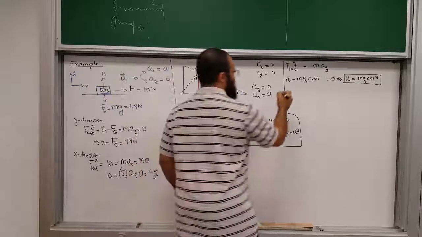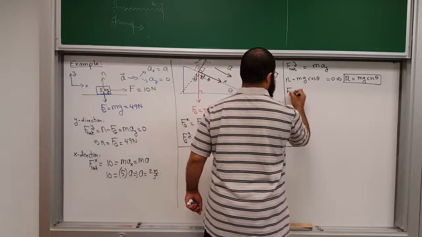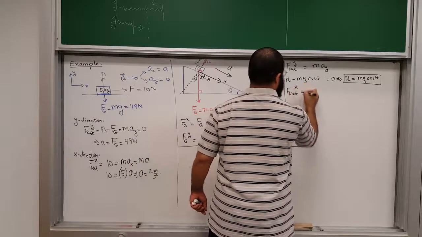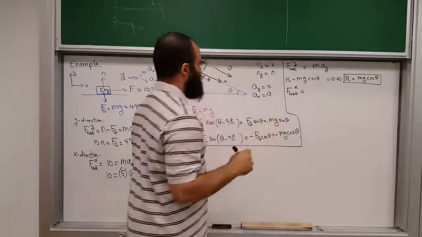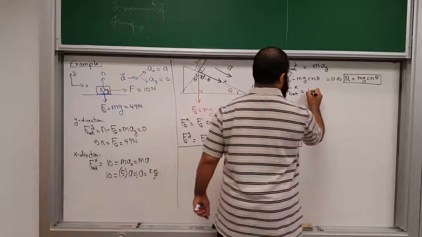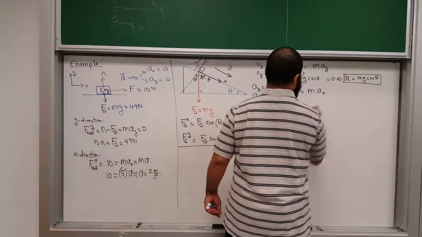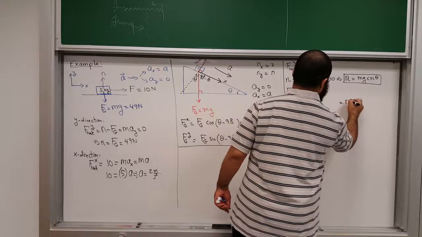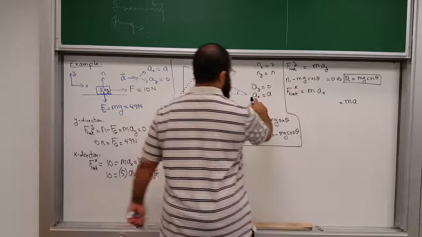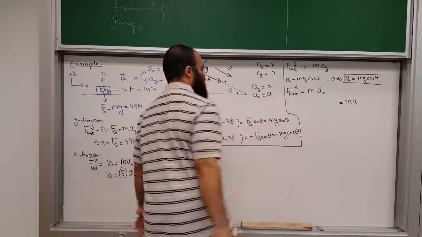And then the net force in the x direction would be the mass times the acceleration in the x direction. So mass times acceleration in the x direction, just call it ma, because we agreed to just call it a.